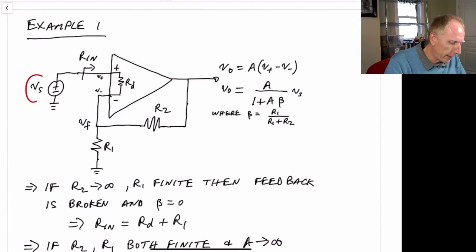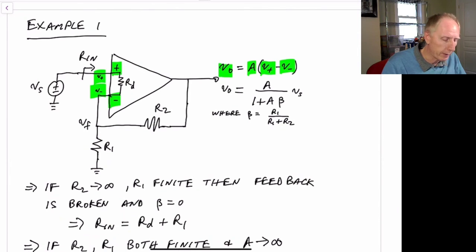So we have our input Vs applied to the positive terminal, and our output Vout taken over here. We'll assume that the output Vout is equal to A times the positive input minus the negative input. So that's the relationship between the output and V positive located at this location and V minus located at this location.